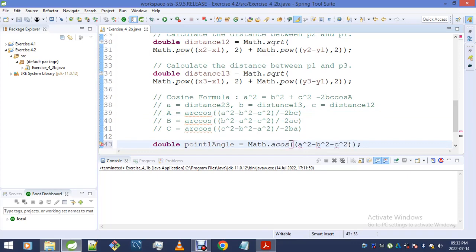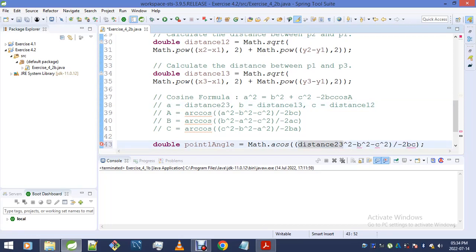I'll then put that. Okay, now it's time for me to replace a with the corresponding variable. I said a is what? Is 2, 3. So a is 2, 3.